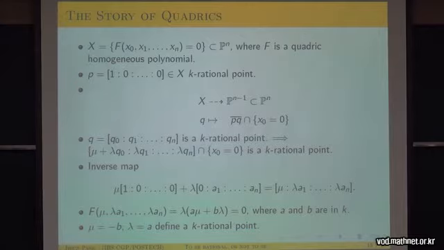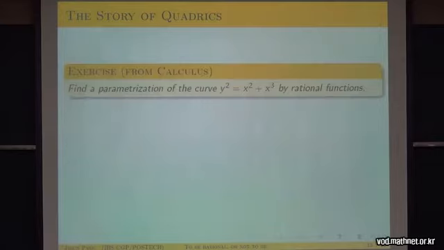And when you have a point on the hyperplane, you take the line determined by this point and P, and it hits one more point here because it's quadratic. Because P is a k-rational point, the other one also must be a k-rational point, right? So that's actually the idea of the solution for this problem.